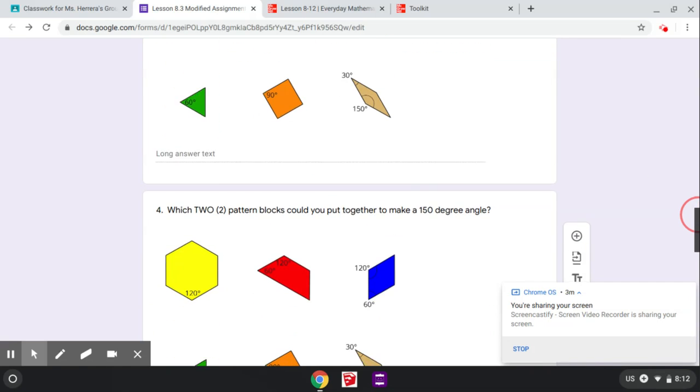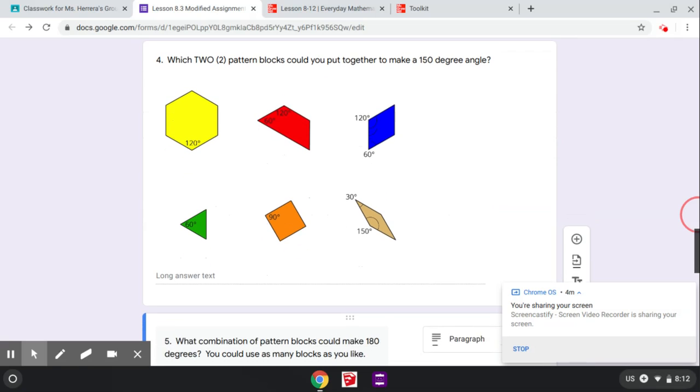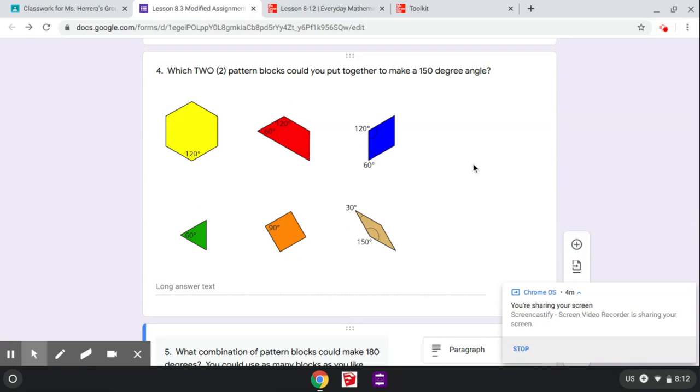Number 4, which 2 pattern blocks make 150 degrees? Well, you could have used the hexagon plus the small rhombus. You could have used the trapezoid plus the small rhombus, or the large rhombus plus the small rhombus, because these all are 120 plus 30, which gives you 150.